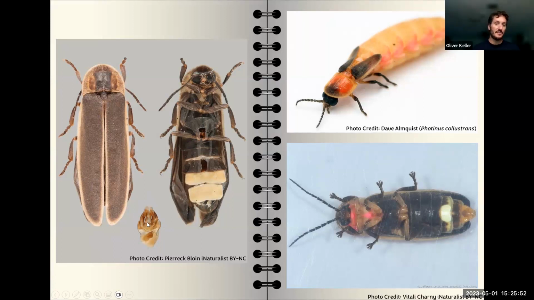And here he dissected the genitalia; this is the male genitalia of this firefly. We've seen this female that can fly and has very shortened elytra before, from the amazing picture of Photinus corruscus by Dave Almquist. This is the below view of a female, and you can see the light organ of the female is very much reduced compared to the male.